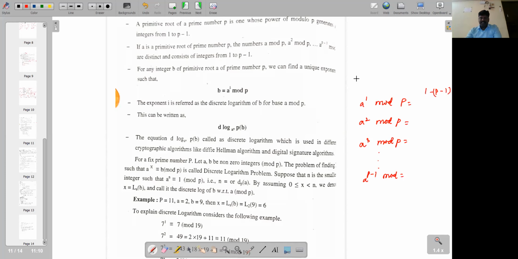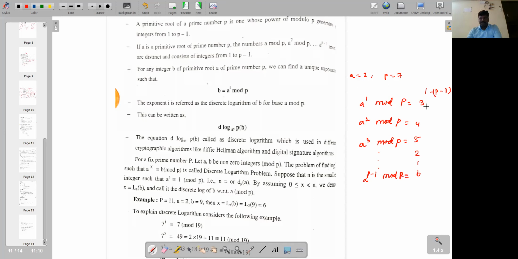So for example, if I consider my a value equal to 2 and my p value equal to 7, this will give the remainders, say for example, 2, 4, 1, and so on. If you are getting all the remainder values from a power 1 mod p to a power p minus 1 mod p, this should give the remainders from 1 to p minus 1.